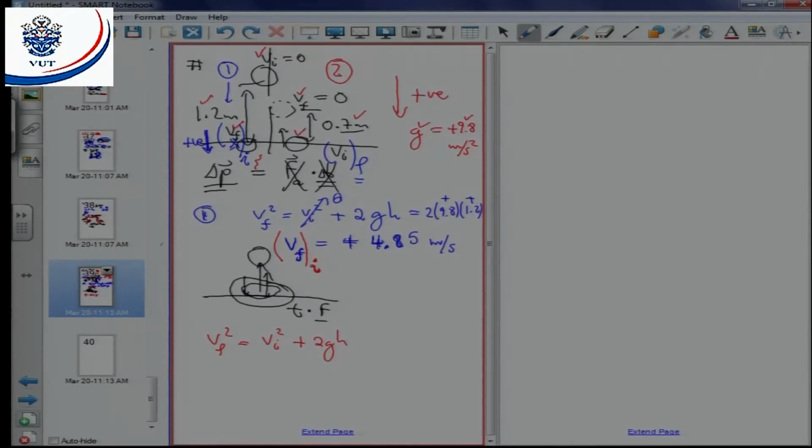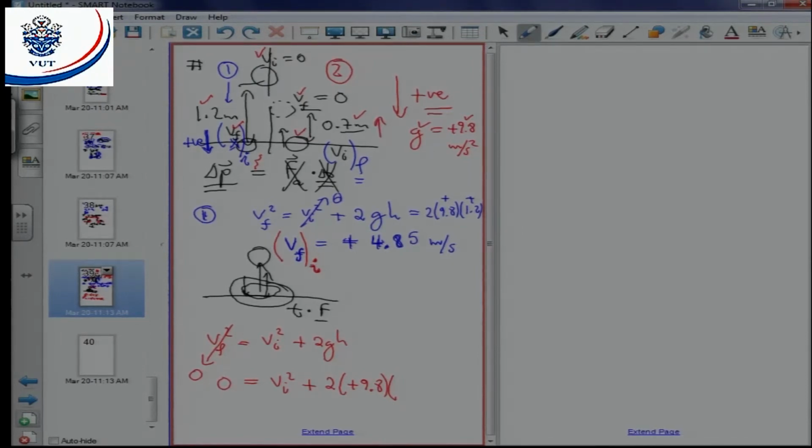In this case Vf is 0, so we have 0 equals Vi squared, which is what we want, plus 2 times g. g is positive because it's going down. We said down is positive, so that's positive 9.8, but h is up, so it's negative.